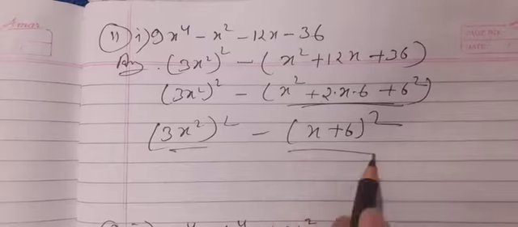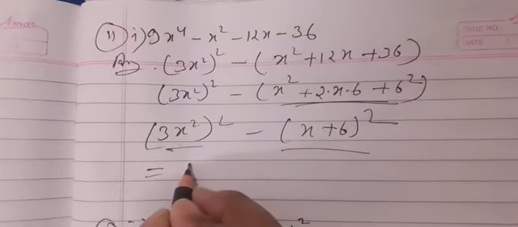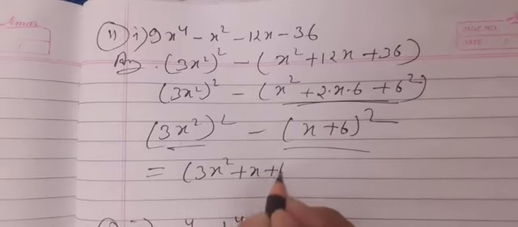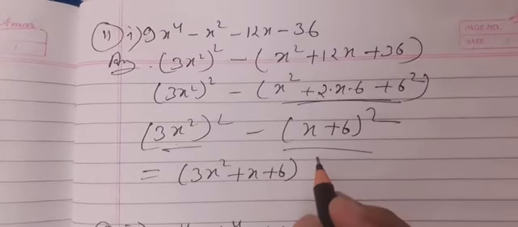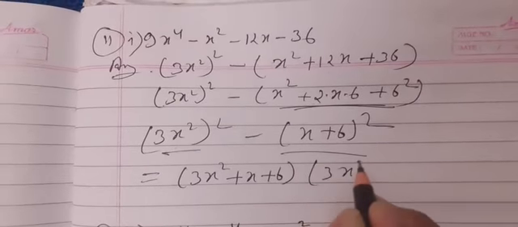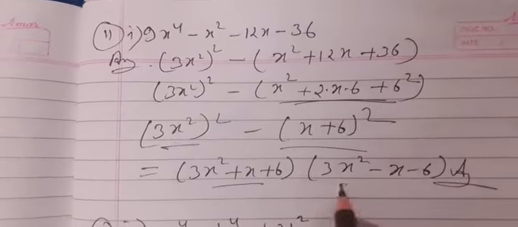Now a square minus b square, so this plus this, minus this. In the next step I'm going to write 3x square plus x plus 6. Children, please do practice, then you can easily become smart in these sums. Okay, 3x square minus x minus 6. These are the two factors.